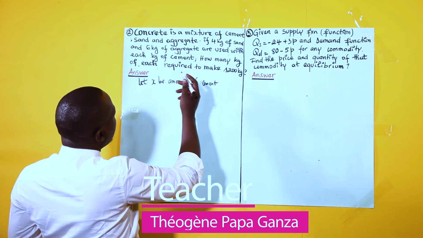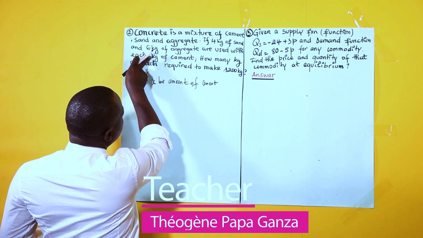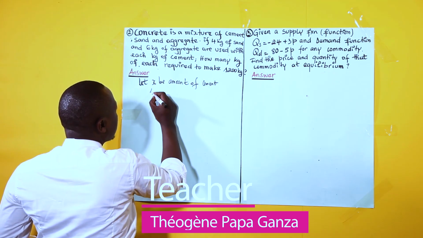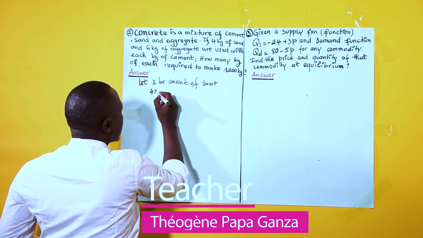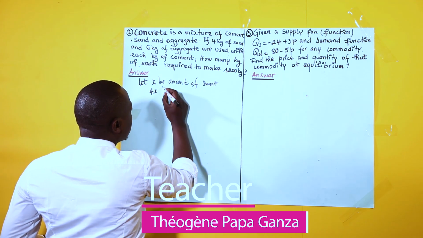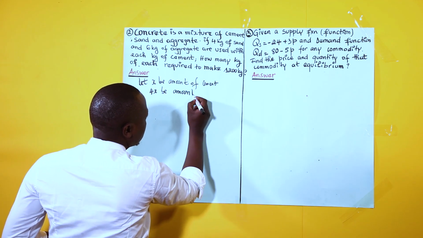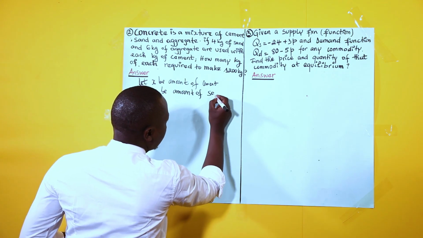Within 1 kilogram of cement, we use 4 kilograms of sand, so we shall take 4x as the amount of sand.